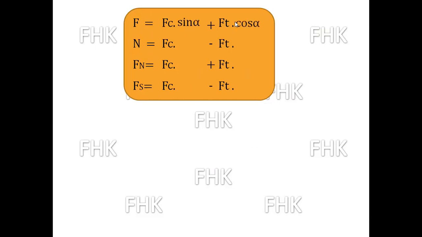Then cos alpha, sine alpha, cos alpha, cos alpha, sine alpha. Then sine phi, cos phi, and then cos phi, sine phi. In this way you can write the formulas as rough work at the end of your answer sheet to remove the confusion.